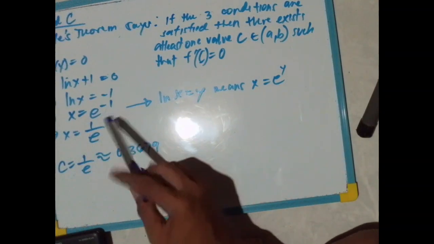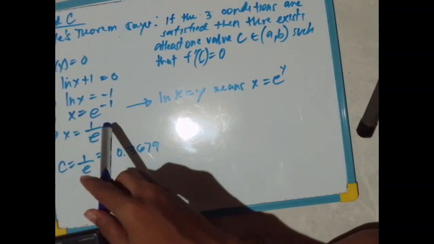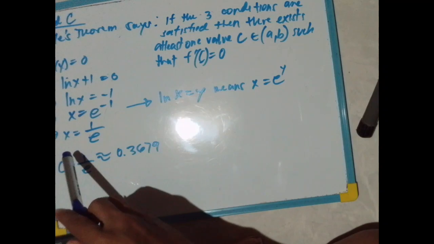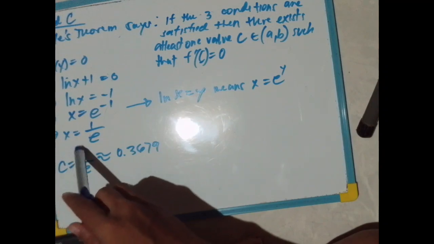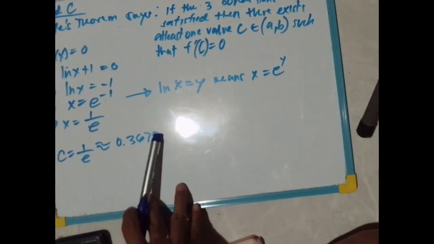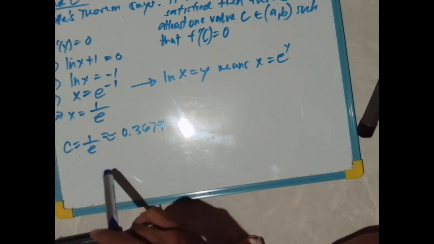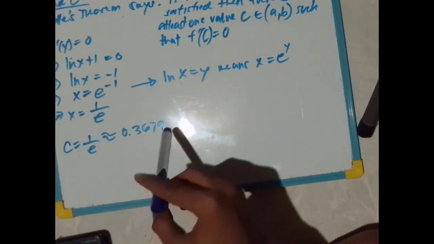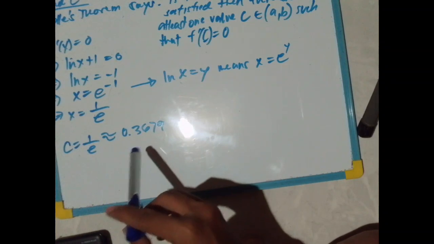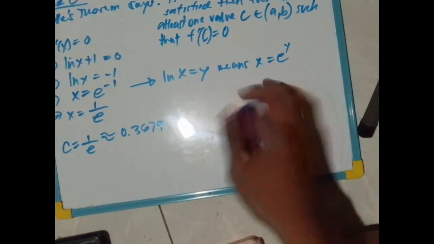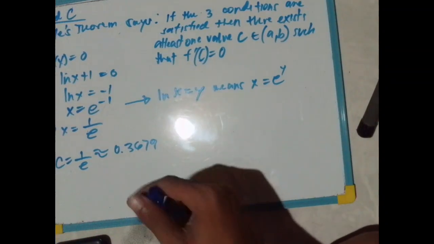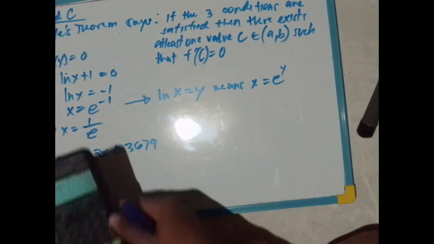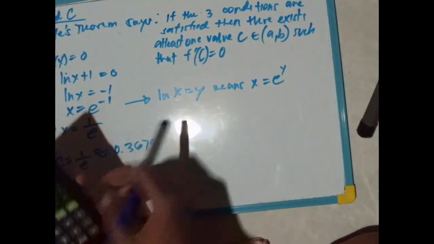So we have x equals e raised to negative 1, or we can rewrite this as x equals 1 over e. So the value of c is equal to 1 over e, or approximately 0.3679. So this is the value where the derivative of the function will be equal to 0.